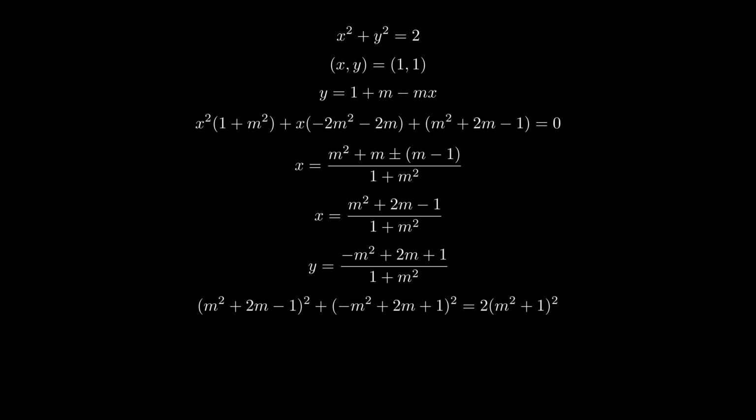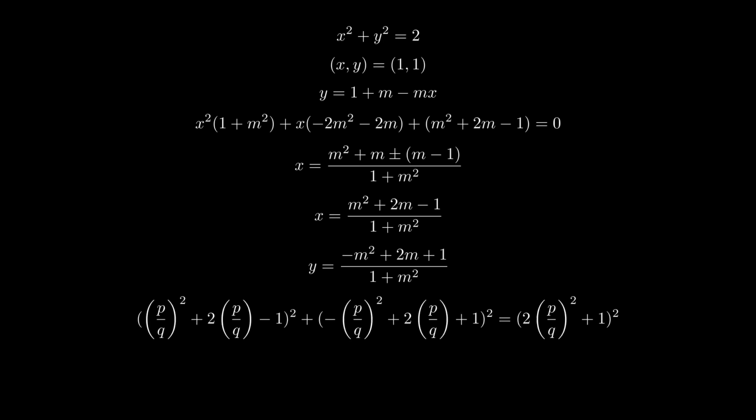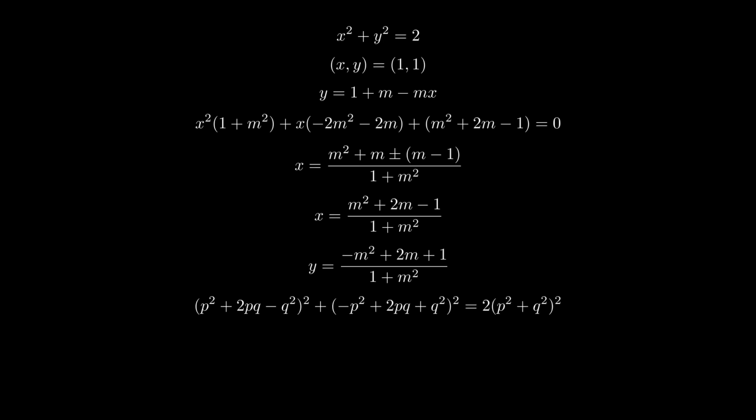Here I will set m to some rational number, p over q, and simplify everything. And this is our actual solution for a, b, and c. This is much more advantageous than the previous solution because p and q do not need to be Pythagorean triple values. They can be any integer we want.